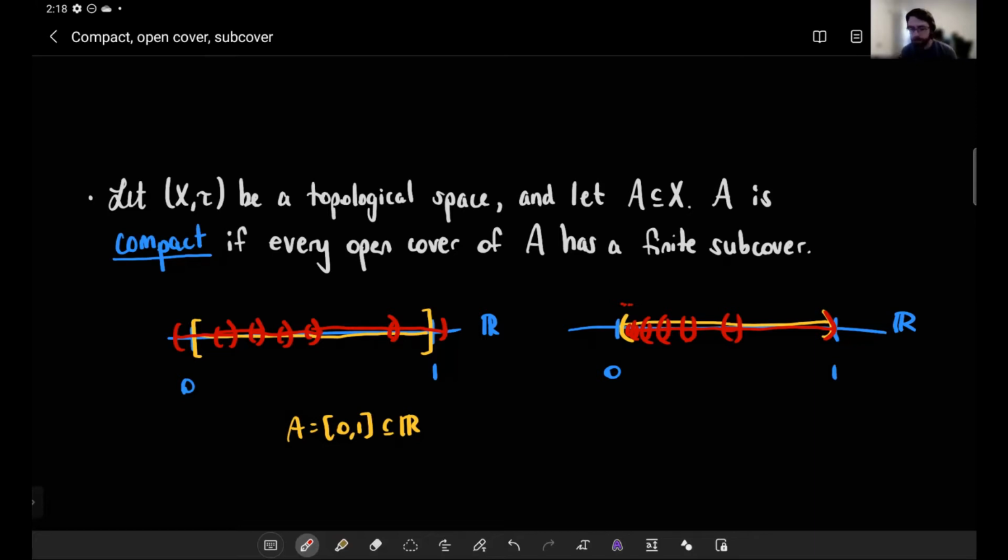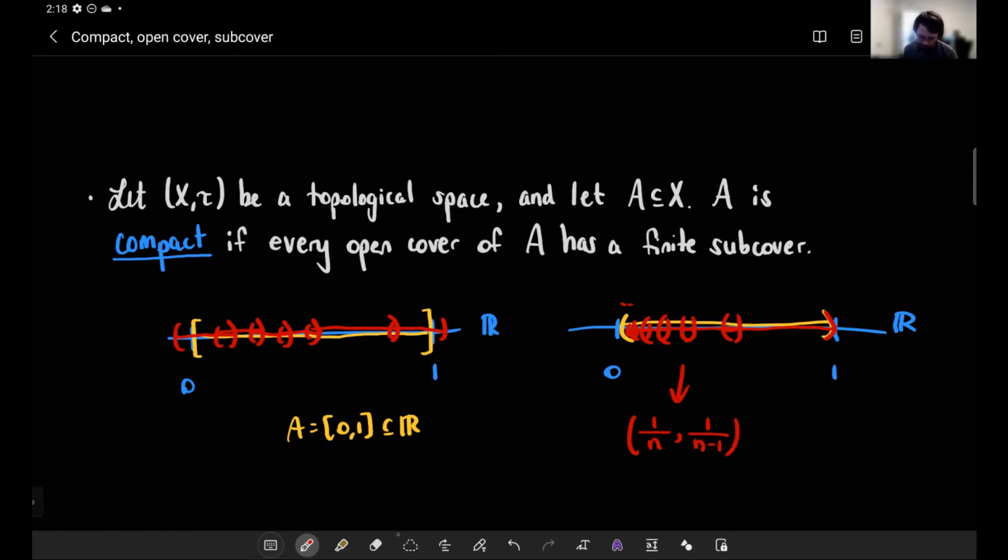But you won't be able to take any finite subcover, because with any finite cover, you'll be missing infinitely many things really, really close to 0. So maybe these intervals are of the form, I tried 1/2 to 1, I guess I'll say 1 over n to 1 over n minus 1 or something.